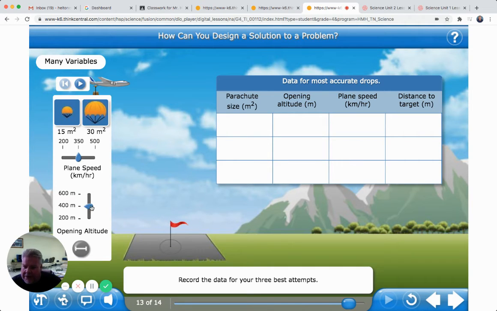Well, I think the last one, we got it to land pretty close at 600 meters with a smaller parachute, but we don't know how fast this plane was going last time. We'll just start at the slowest, and we'll adjust it and see if we can get right on that flag.